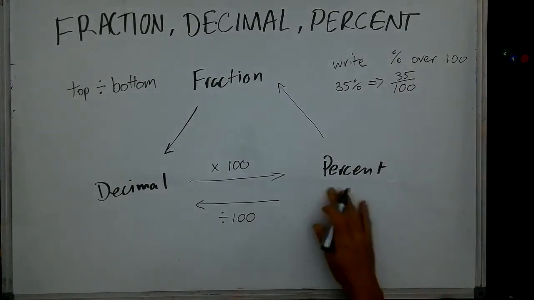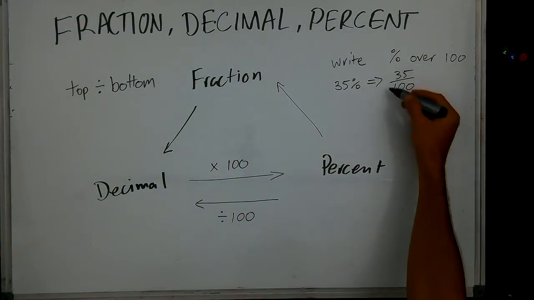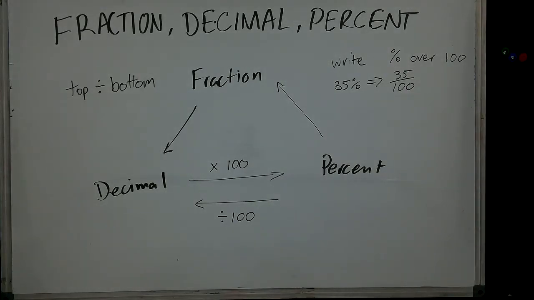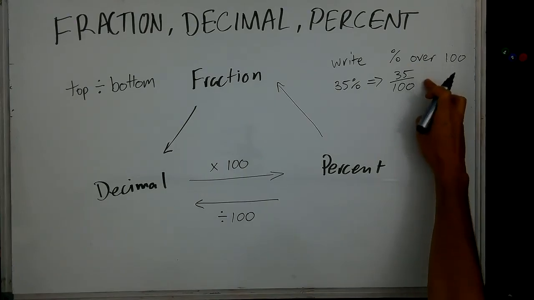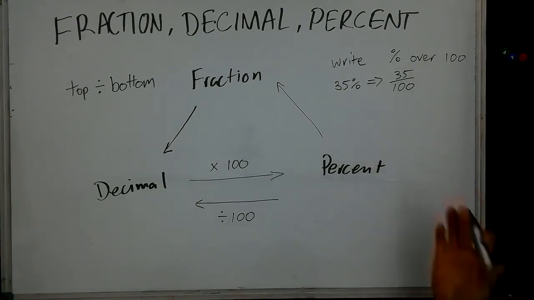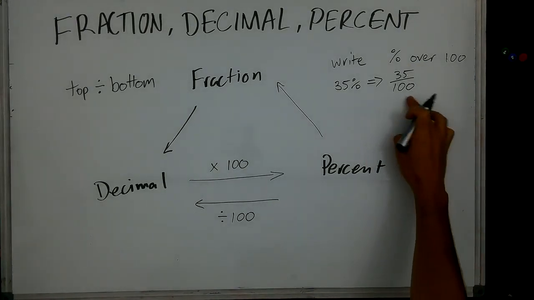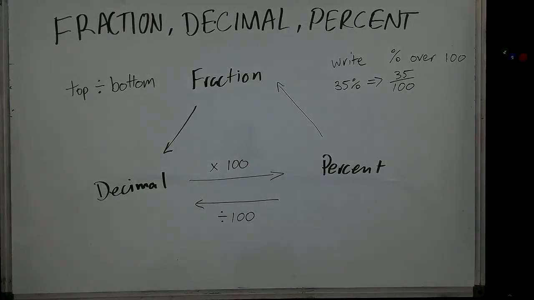So then we have to reduce this to its simplest form. So we're looking for common factors in the top number and the bottom number. And if there is a common factor, then this is essentially an equivalent fraction with smaller numbers. Well, not smaller in size, but the numbers are smaller.